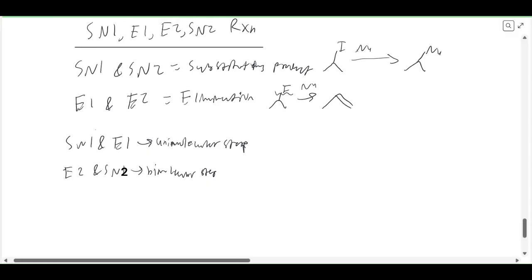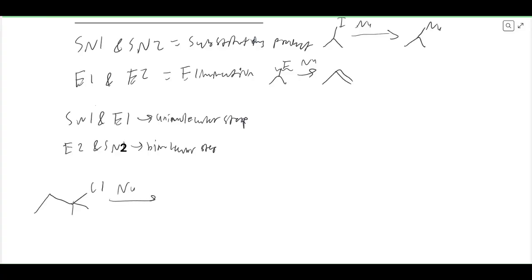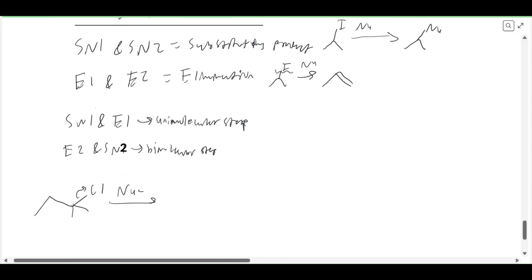So what exactly is an SN1 reaction? Let's say we have a compound like this with a nucleophile, and it's a step-by-step process. We first get rid of our leaving group, which becomes a positive charge because the electrons are gone.